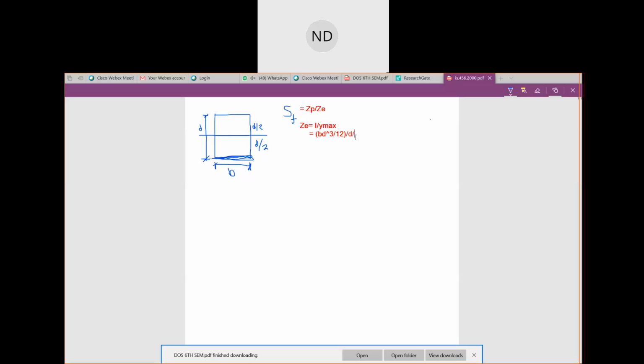So we have BD cube by 12 divided by D by 2, which gives BD cube by 6. So we have our elastic section modulus as BD cube by 6.